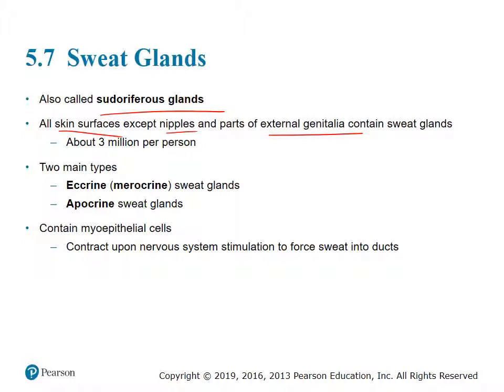Everywhere else you would find sweat glands. A little factoid: there are 3 million sweat glands per person, and there are two types, the eccrine sweat gland and the apocrine sweat gland. Both secrete sweat, but the composition of that sweat is a little bit different.